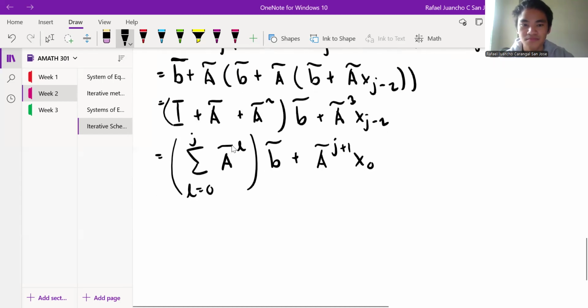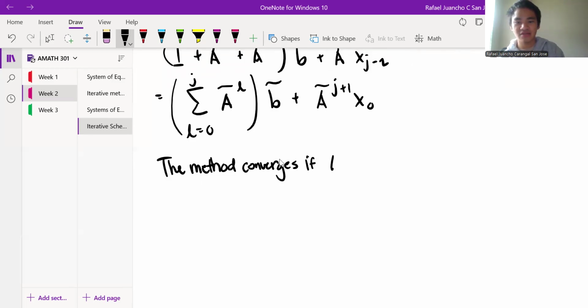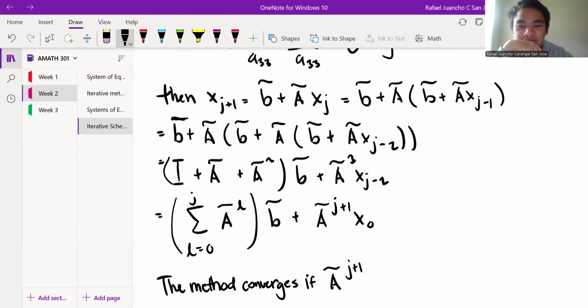Okay. Let me do converging. So here we're gonna say that the method indeed converges. How so? If my A tilde to the j plus 1, right? Wait, I want to see where he got that stuff. I'm also a bit curious on the math behind the cube.